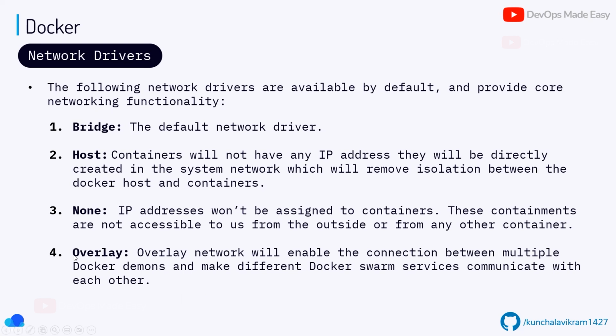It is taken care of by this overlay driver. Similarly, in Kubernetes you have various container networking interfaces like Weave Net, Flannel, and Calico. These are implementing networking across your complete Kubernetes cluster.